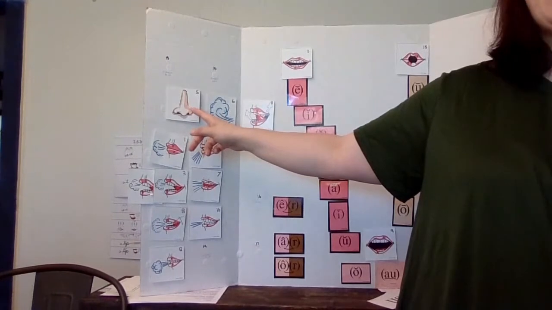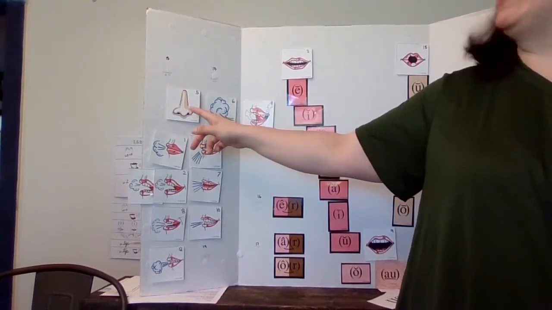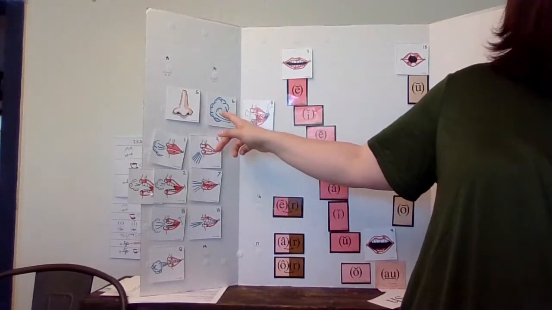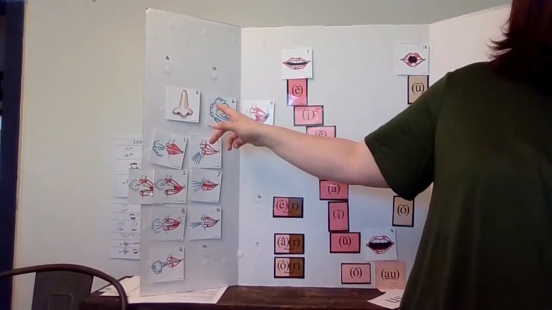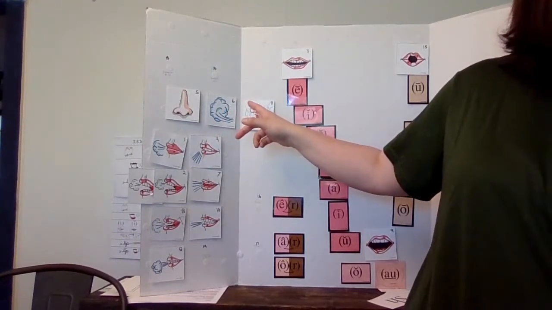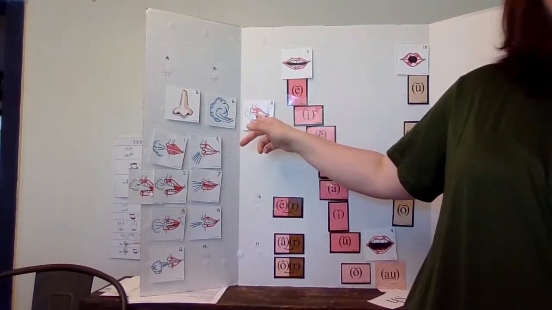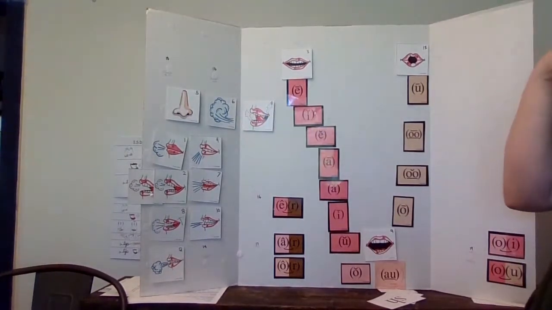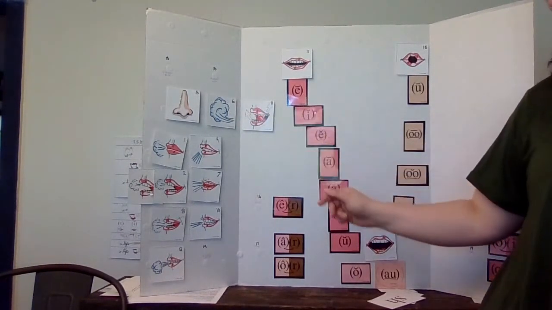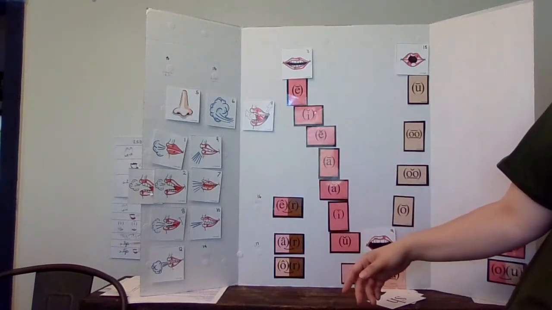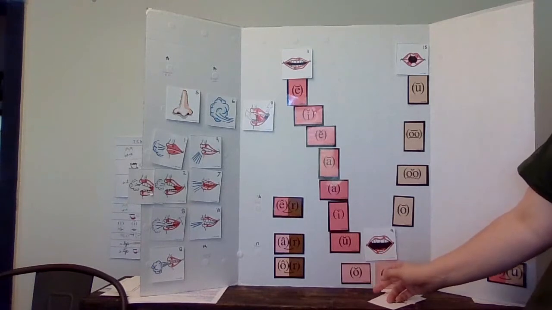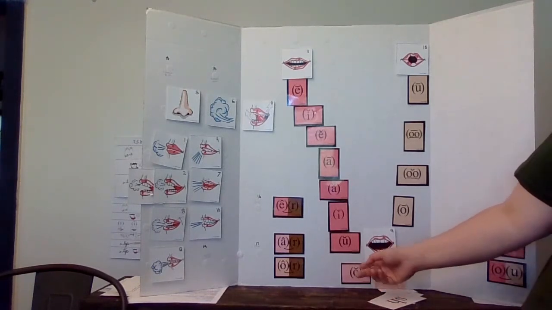We have front nasal, mid nasal, back nasal. We have round air, w, panting air. And then we have front curler, side curler. Then we have smiling vowels, e, a. And then we have brown vowels, ah.